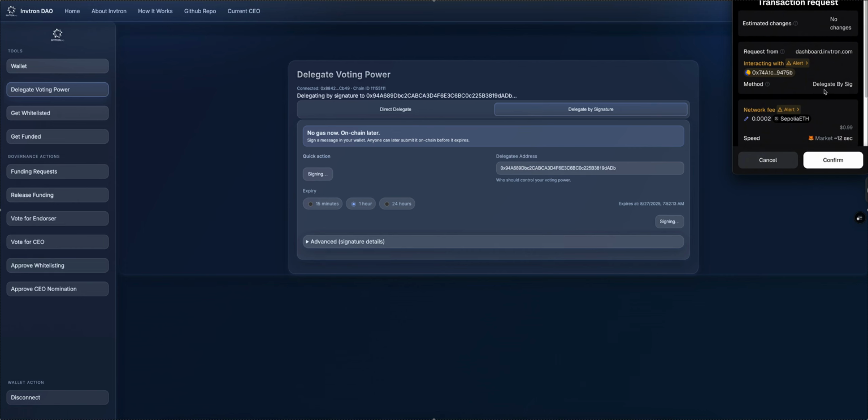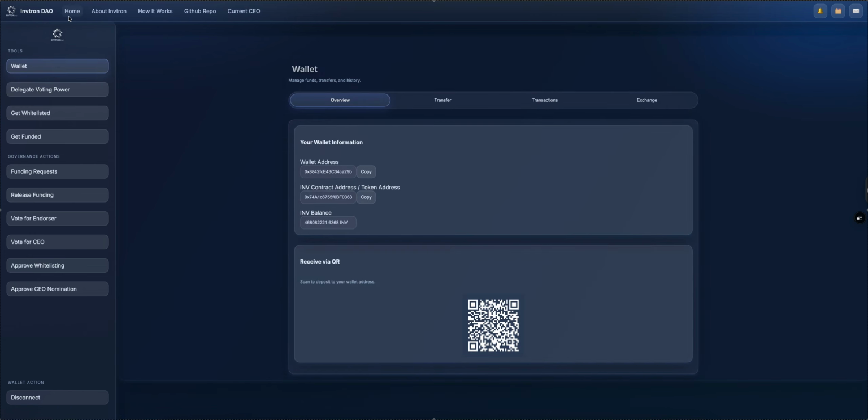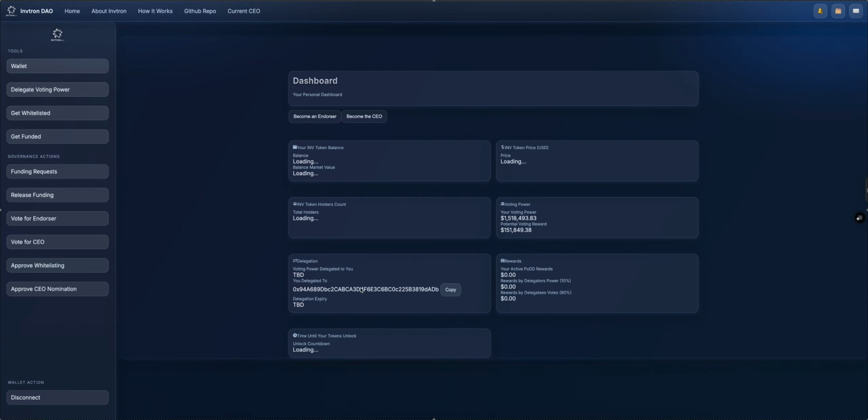As you can see, it does require another signature because this is off-chain, delegating by signature. It's signing and it's delegated. We go back to the wallet, home, and as you can see, it's delegated to someone else now.